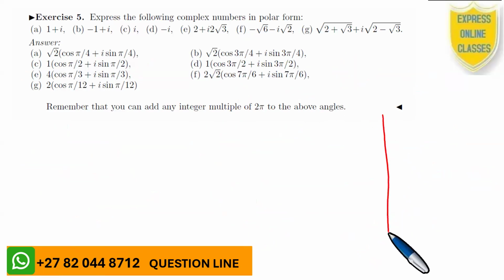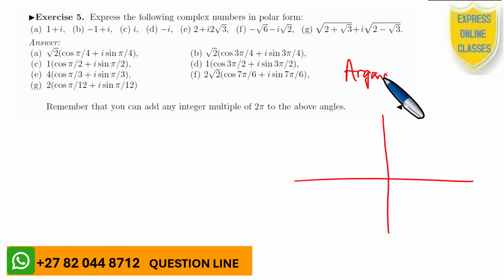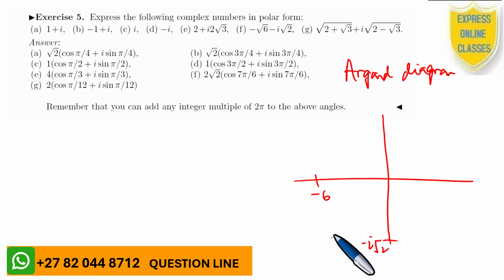To deal with F, let us draw our Argand diagram. So we have minus the square root of 6 minus i the square root of 2.